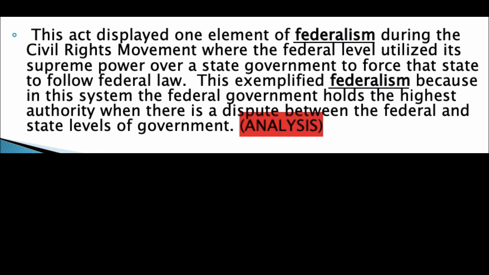So we've made our point, we've included our piece of evidence, and then our analysis section now does two things. One, it reinforces that this is something that happened in the civil rights movement, and it connects to how that thing being done connects to the term of federalism. In our analysis, we are constantly tying back and developing and anchoring our idea in the definition that we were asked to define.